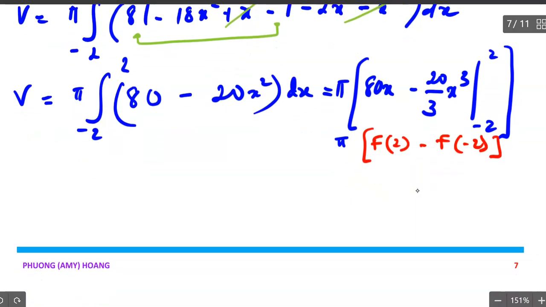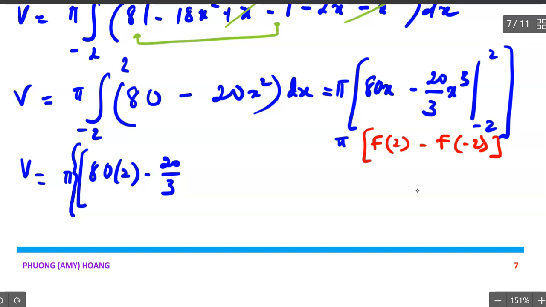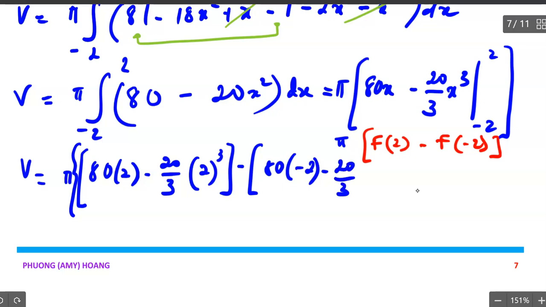So volume will be equal to pi. f of 2 should be 80 times 2 subtract 20 over 3 times 2 to the exponent 3. Subtract this with 80 times -2 subtract 20 over 3 times -2 to the exponent 3.